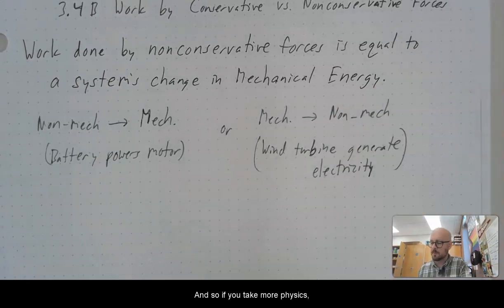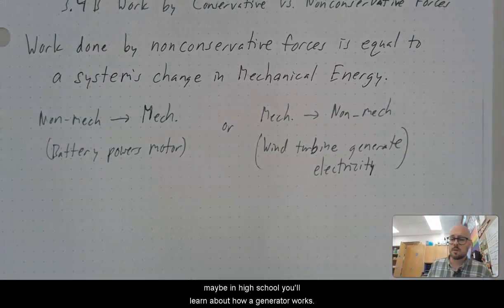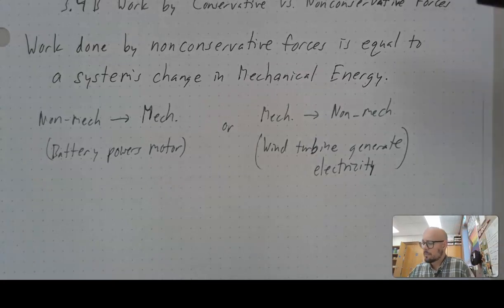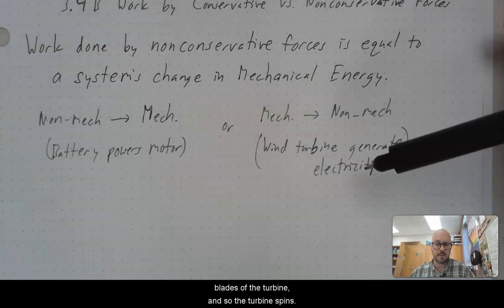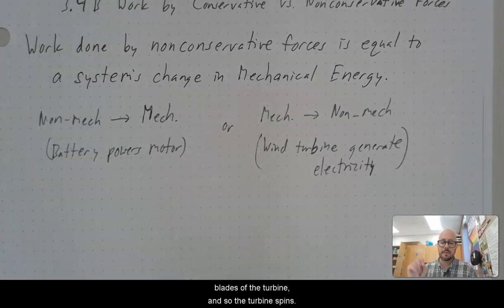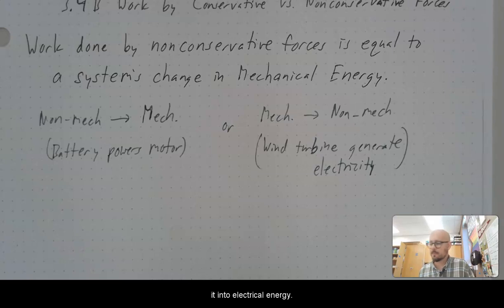If you take more physics, maybe in high school, you'll learn about how a generator works. Basically, the wind pushes on the blades of the turbine, and so the turbine spins. That's mechanical energy because that's energy of motion, and it spins something inside the center of the wind turbine, and that generator takes the mechanical energy and turns it into electrical energy.